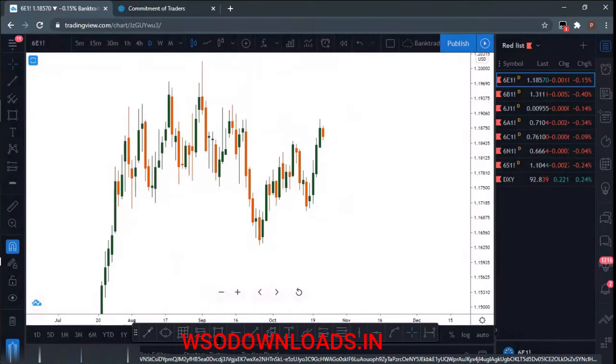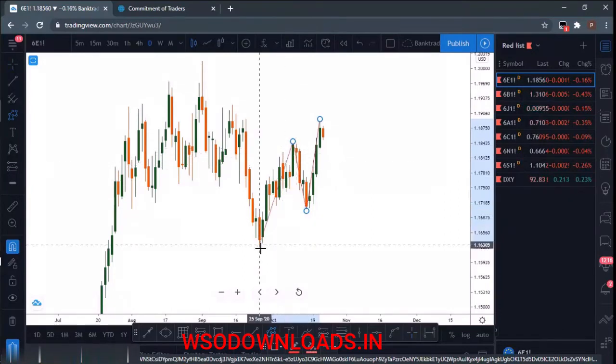So we'll need to look for the previous trend and then the current trend. We can start where we have the highest high, and then down here, and then here.